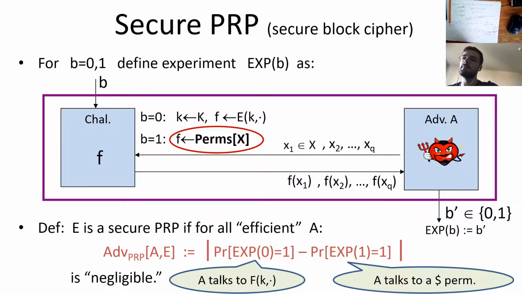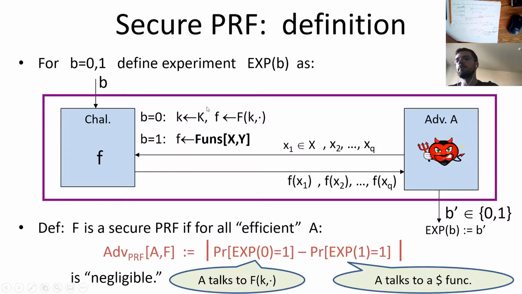So in the real world, these machines implement not just functions, they implement permutations. So shouldn't you always compare them in the ideal world to random permutations? Why do you even consider this case? Block ciphers are functions, but very particular functions, they're permutations. So why do we bother with this notion of a PRF as a valid way to analyze block ciphers?